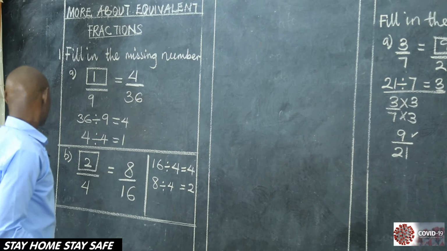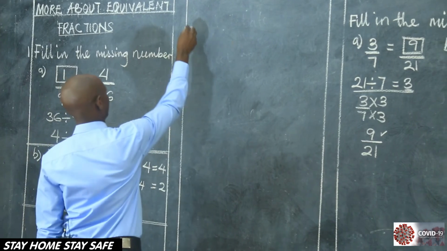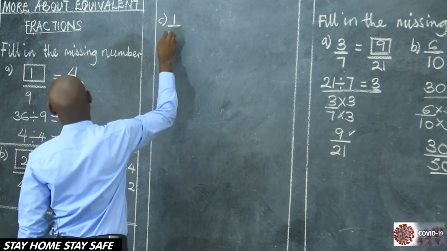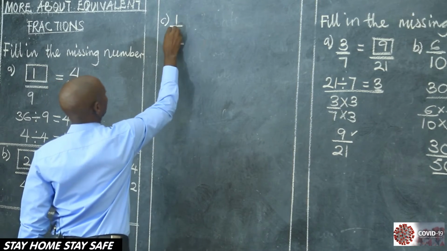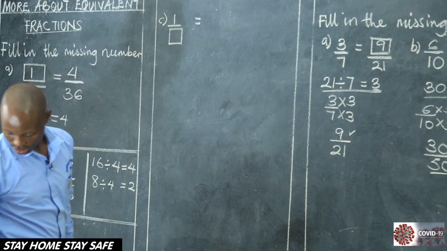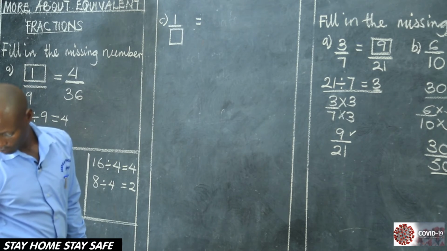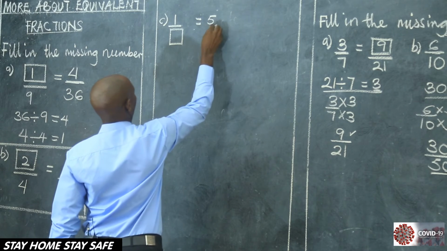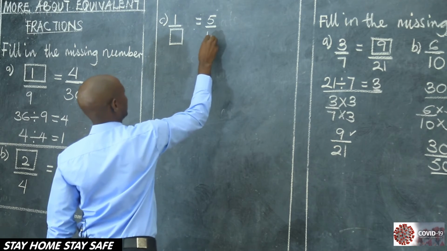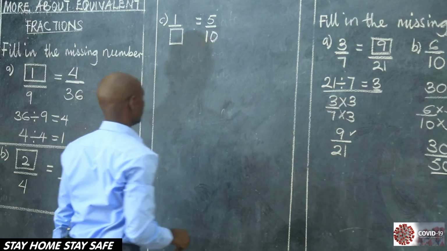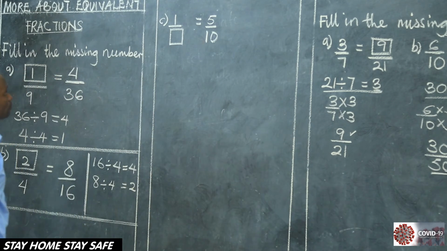So we have C. We have 1 out of a box, and this one is equal to 5 out of 10.